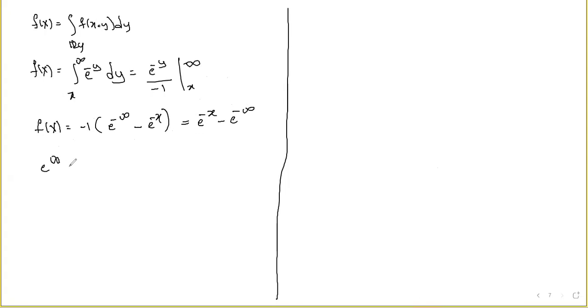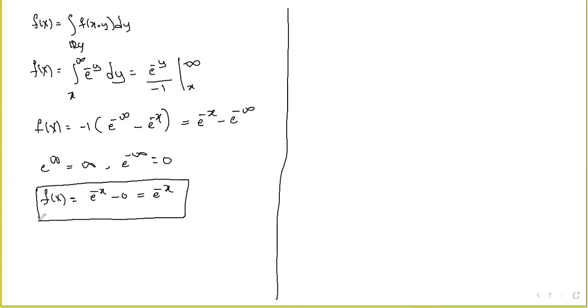We know that e power infinity equals infinity and e power minus infinity equals 0 always. So f of x equals e power minus x minus 0. Hence it is e power minus x. Right? This is what we found for f of x.